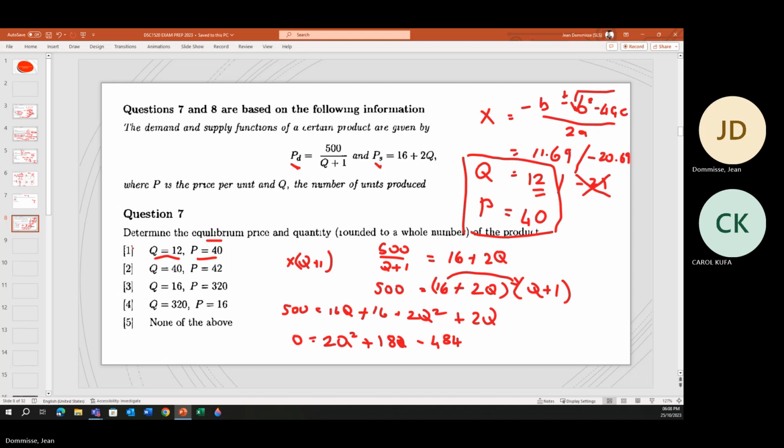Okay, so again, we can't create negative units. So the minus 21 or the minus 20.69 would have fallen away. You can only produce positive. You can also produce 0. So if you don't make profit or there's no equilibrium, it could have been at 0 as well. But then why would you be in business if you don't produce anything?